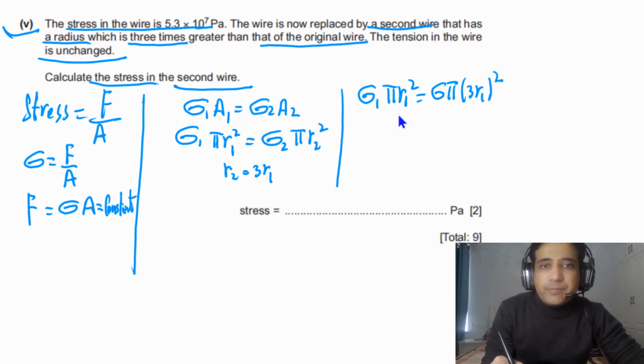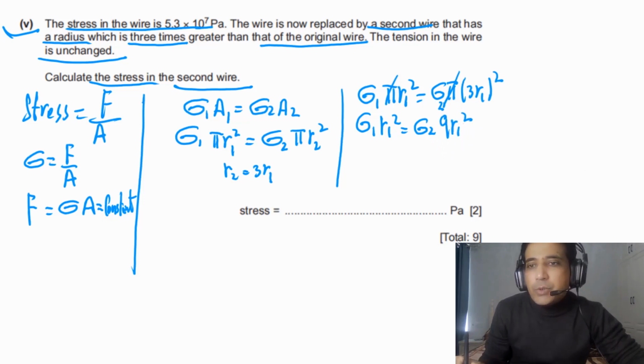So here we have sigma 1 and pi, and you can simply cancel the pi, so we are left with r1 squared. On the other side we have sigma 2 times 9 r1 squared. So r1 squared we can simply cancel.